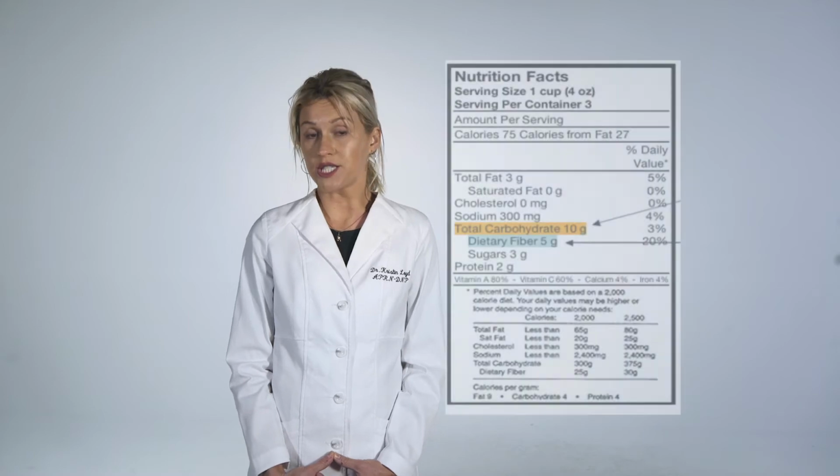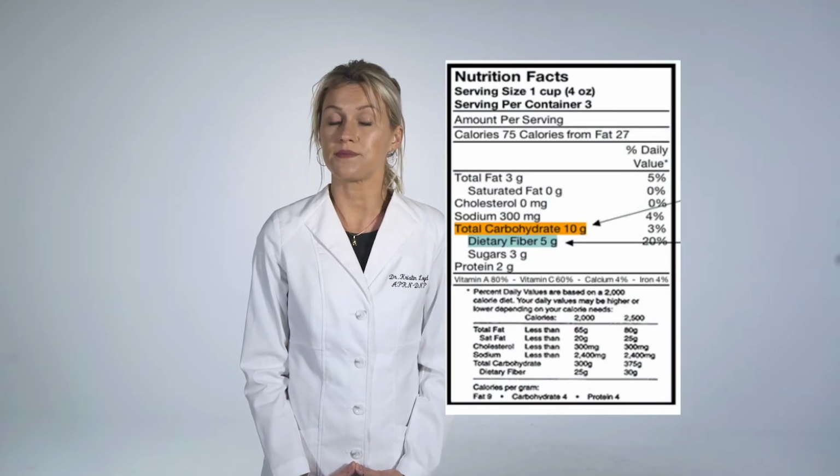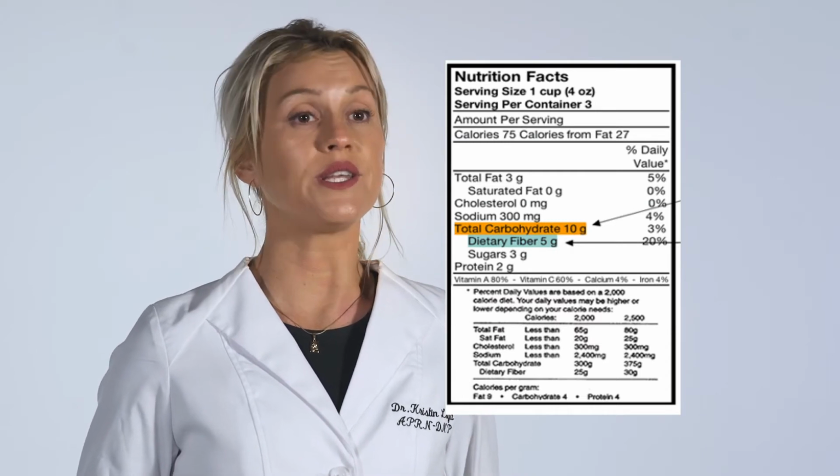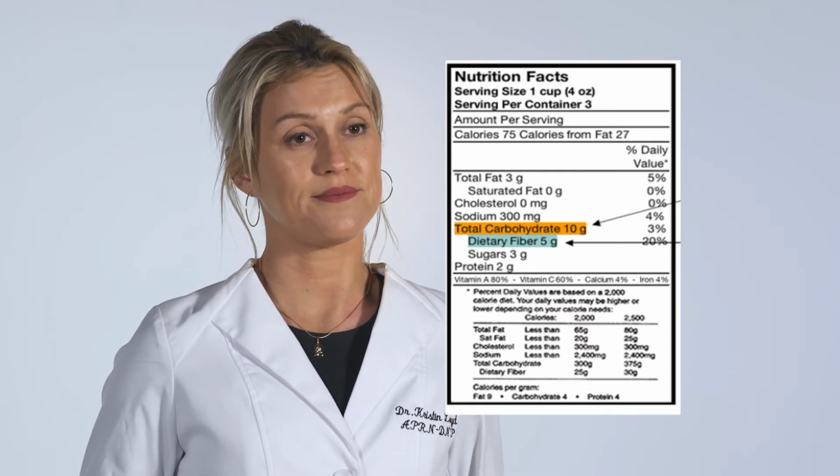To start our education for figuring fiber into your carbohydrate count, I would like you to pull out the nutrition label handout first. Because fiber cannot be fully digested, it will negate the carbohydrate count.